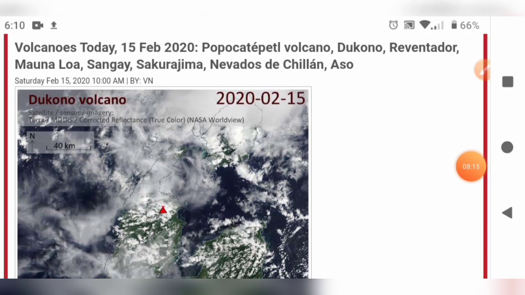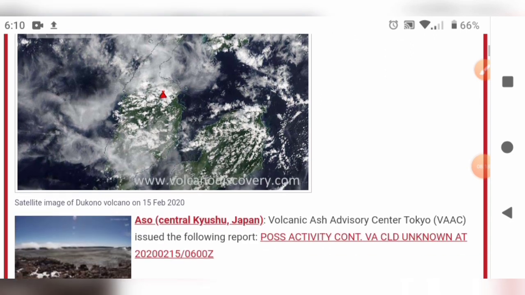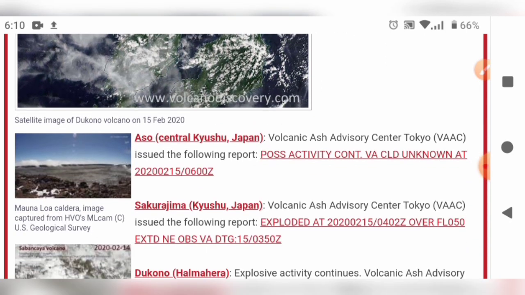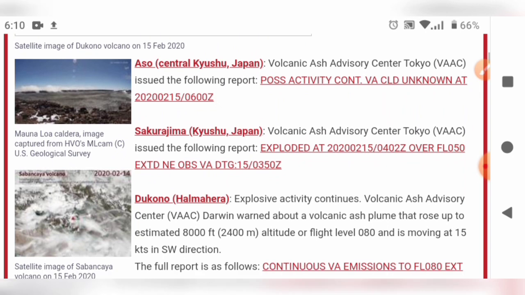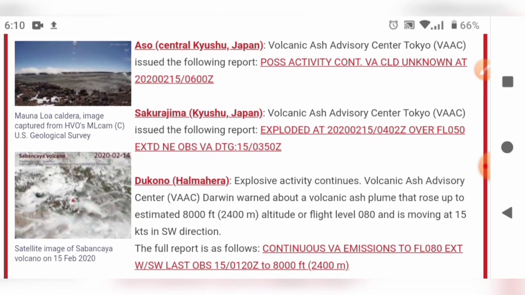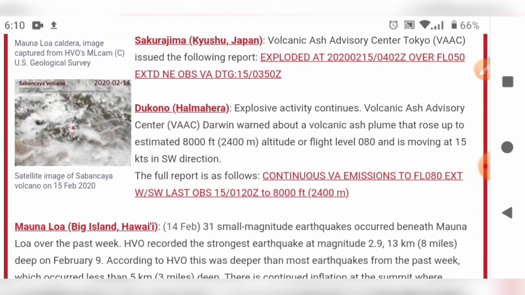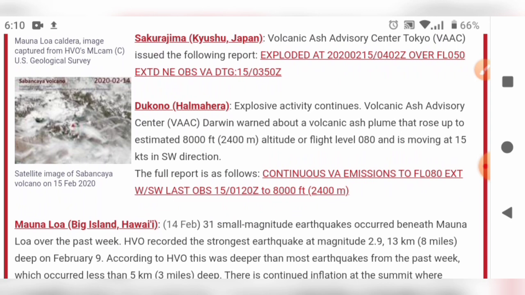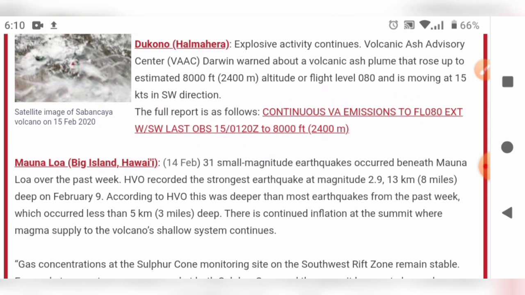And here is your volcano rundown. Mount Aso. Don't be an Aso and build a campsite on the slopes of Mount Aso as there's possible activity. Sakurajima exploded, produced a 5,000-foot ash plume. Dakono, continuous emissions, flight level 8,000 there as it explodes.